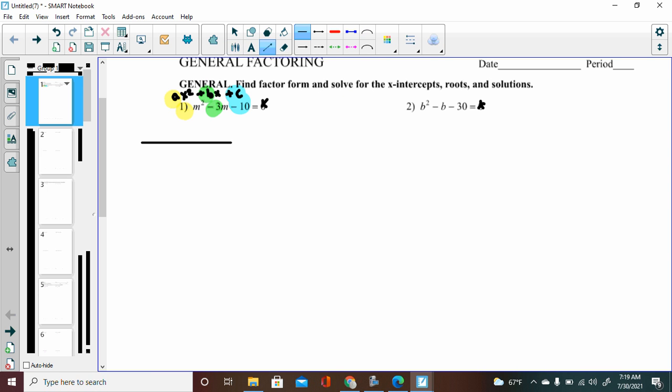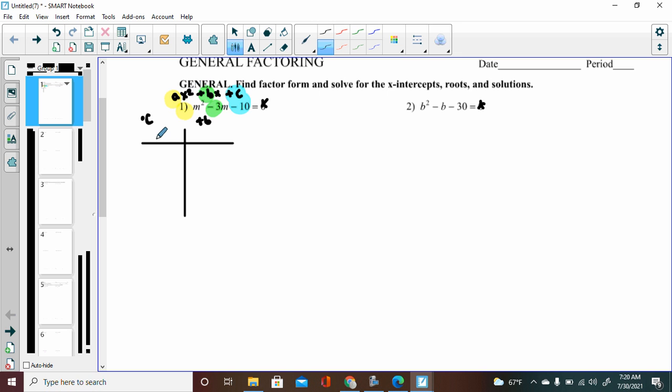We're going to check to see if I can find two numbers that multiply, in general, to C and add up to whatever B is. So multiply to C, add up to B.